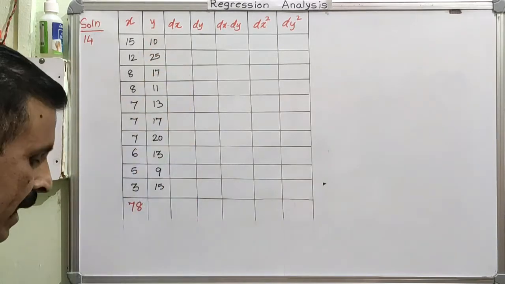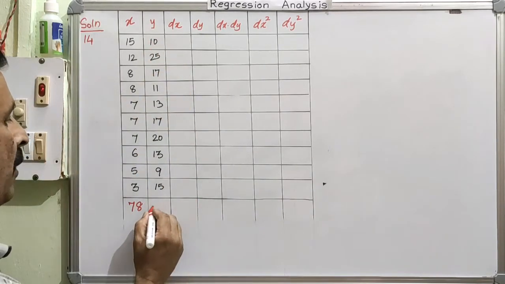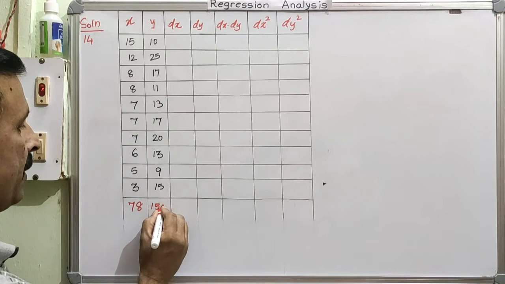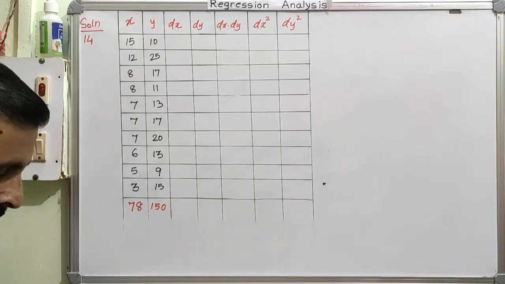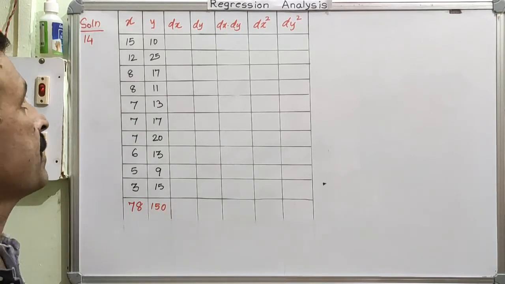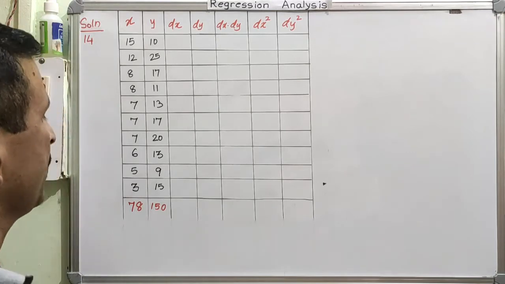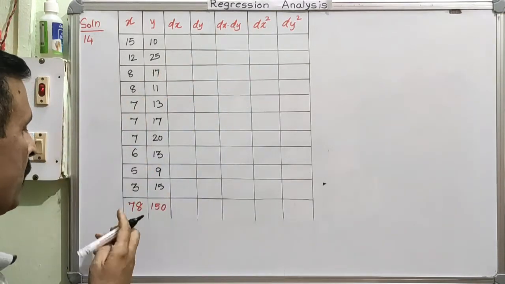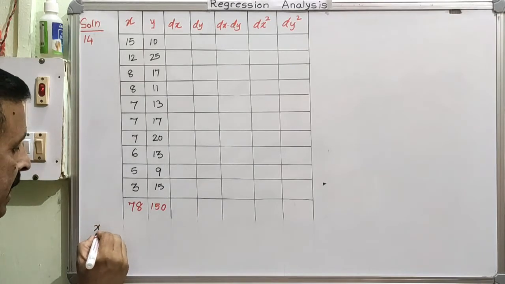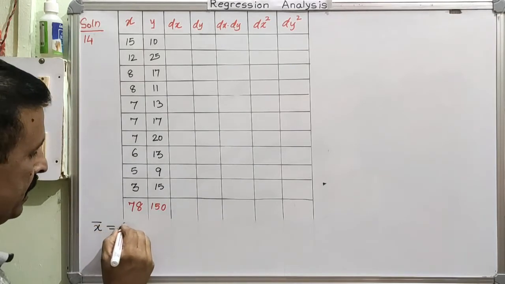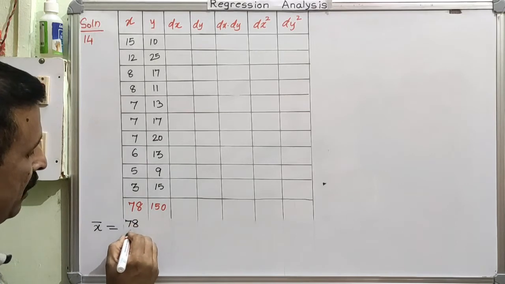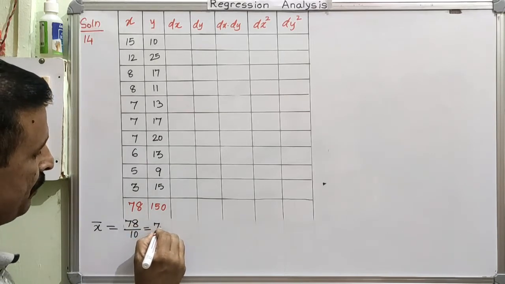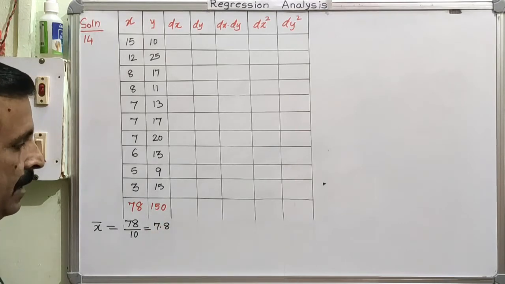Now the y column, the sum of all the values of y is coming as 150. Is this very clear? After these two things are calculated, immediately we will find the mean. So x mean is 78, the sum of all the values of x, divided by the total number, that is 10, equal to 7.8. Is this okay?